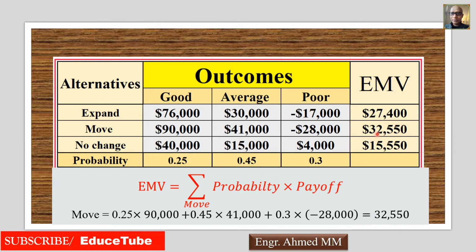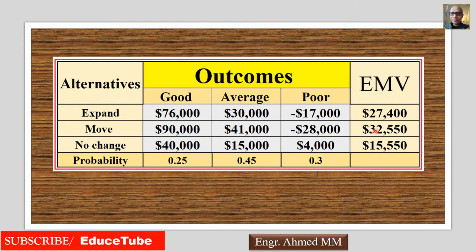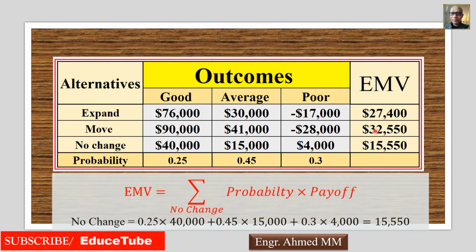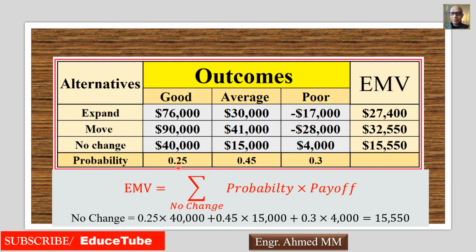That's the value here. For the third one, no change, 0.25 multiplied by this, then 0.45 multiplied by 15,000, then 4,000 multiplied by 0.3, we get 15,550. So we got three EMV values.